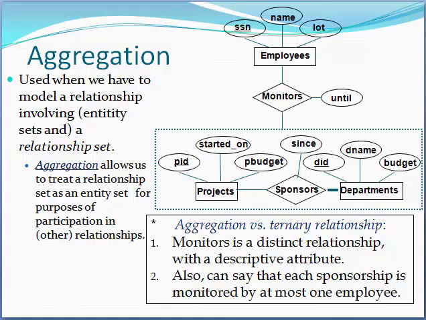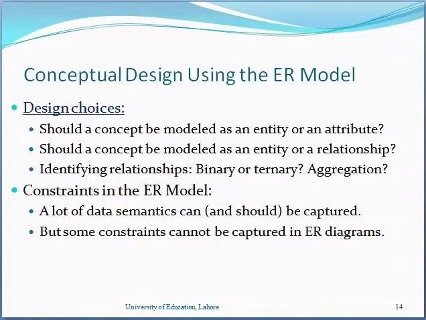Next, aggregation allows us to treat a relationship set as an entity set for purposes of participation in other relationships. In the aggregation, the ternary relationship monitors is a distinct relationship with a descriptive attribute. We can also say that each sponsorship is monitored by at most one employee. In this diagram you can see aggregation, and this is the conceptual design using ERD.